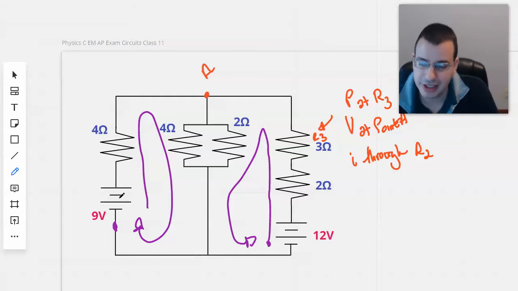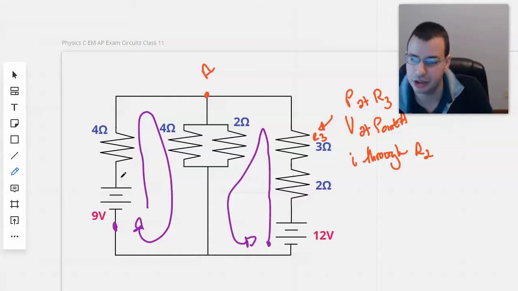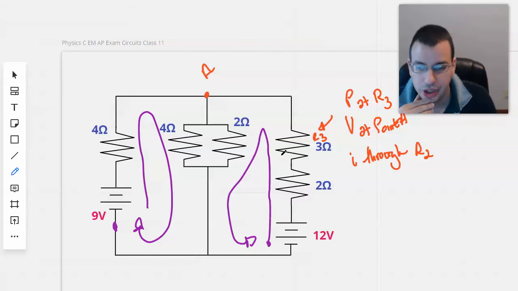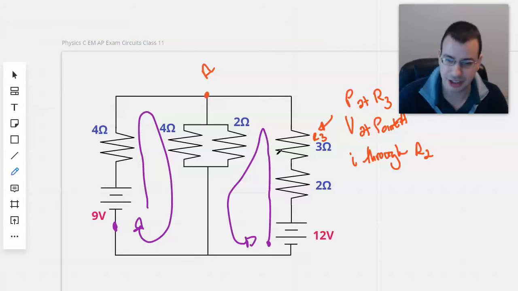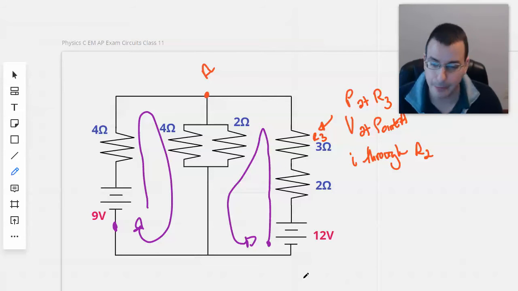So if you think of these as pumps and the wires as pipes, then you have a pump here, you have a slightly bigger pump here, you have 4 ohms here, but you have 5 ohms there, and so they're probably both going to push water up this direction, and then down through the middle, and then back to the suction inlet side of the pump, or the negative side of the battery.